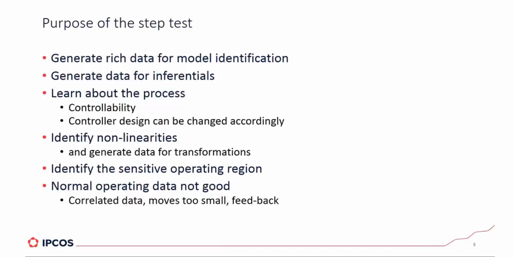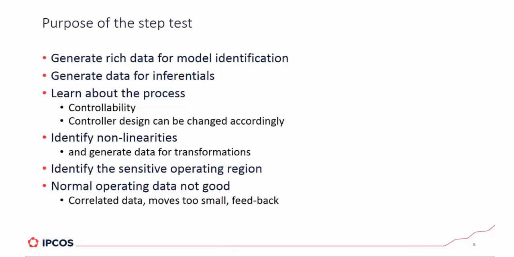We often use the step test to identify non-linearities in our process. Every process is nonlinear, whereas most APC programs that we currently use assume linearity. So with the design of our step test, we try to find, to some extent, those non-linearities in the system so that we can use our data for transformations.